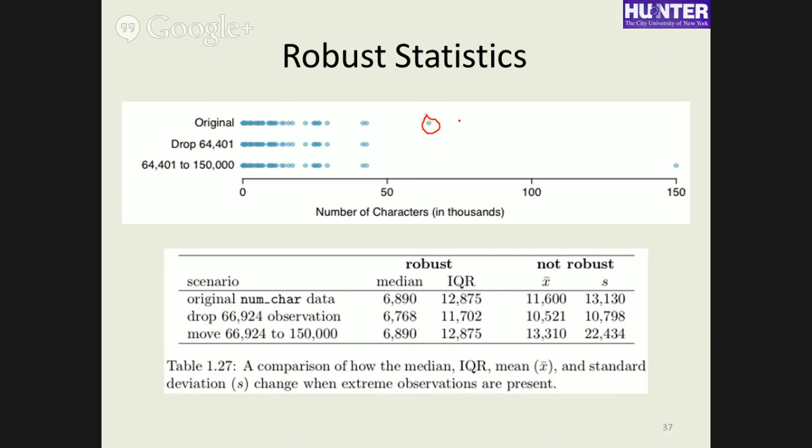We decide that it's an outlier and it's no good, and we drop it and see how that changes the median, the IQR, the mean, and the standard deviation. And then the final scenario is that you actually change it to be a much more extreme outlier. So you take it from 64,000 to 150,000 just to see how much that changes these estimates.